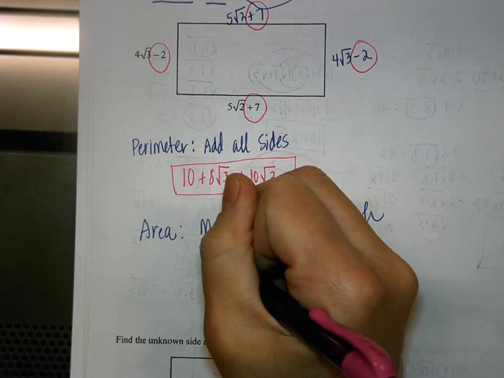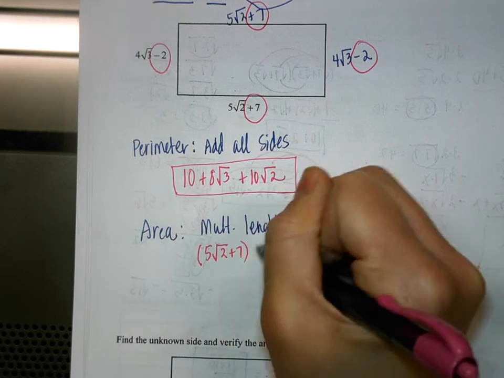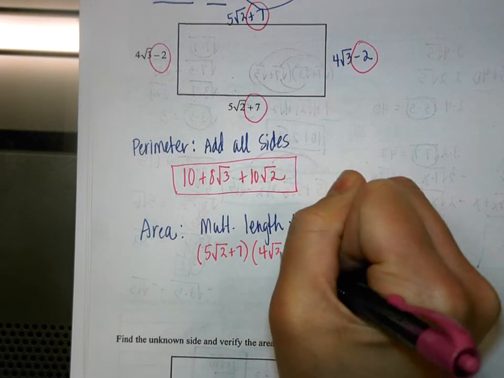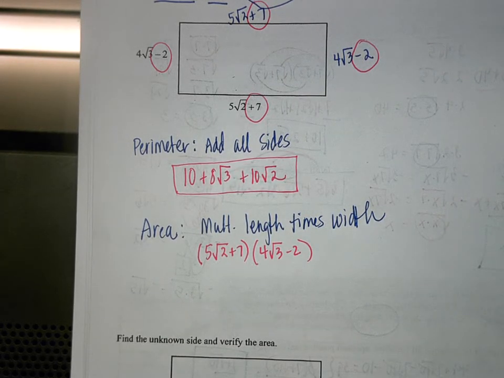Perfect. 5 root 2 plus 7 times 4 root 3 minus 2. It doesn't matter which way I wrote that. You could have flipped it around and written 4 root 3 minus 2 times 5 root 2 plus 7, either way. Okay, so now we have to multiply, which is what we've been doing this whole time, correct?